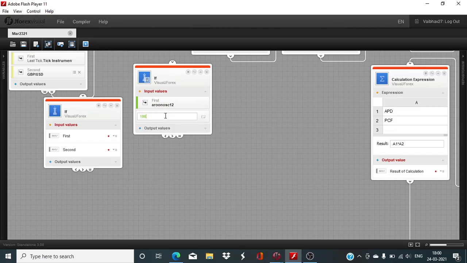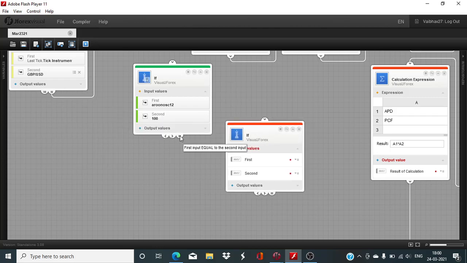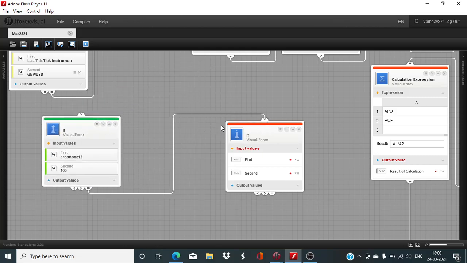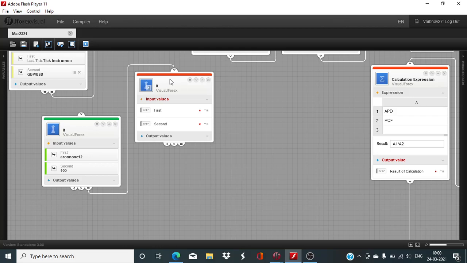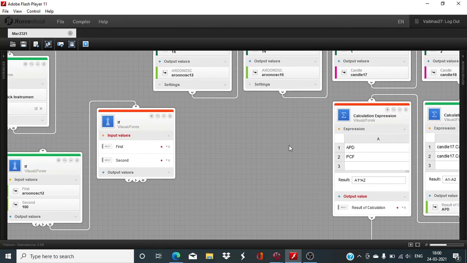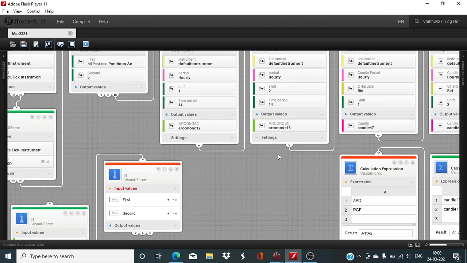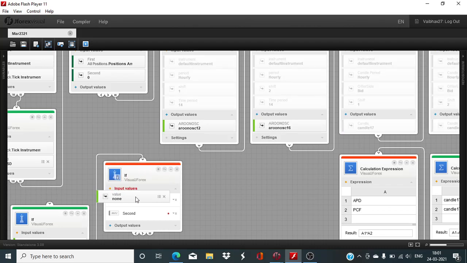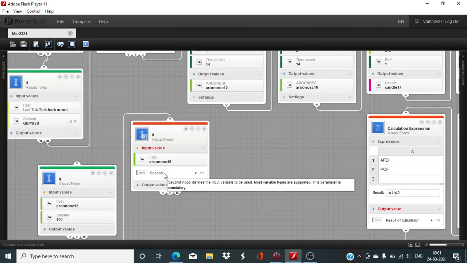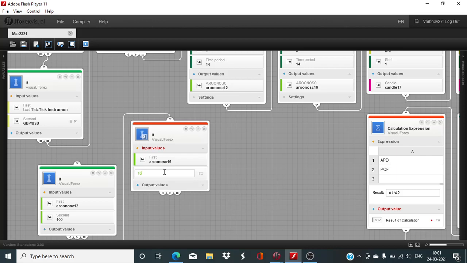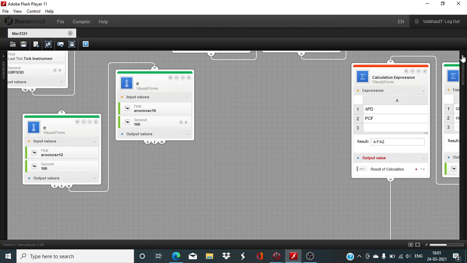This first input equals to second input, and this value needs to be lower than 100. Over here, first input less than second input.